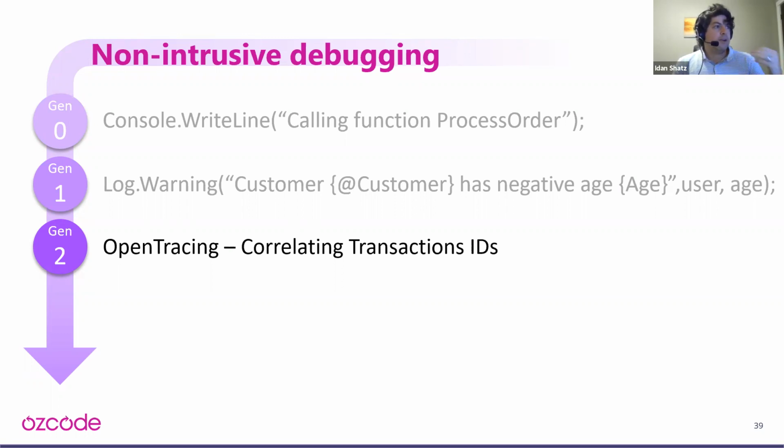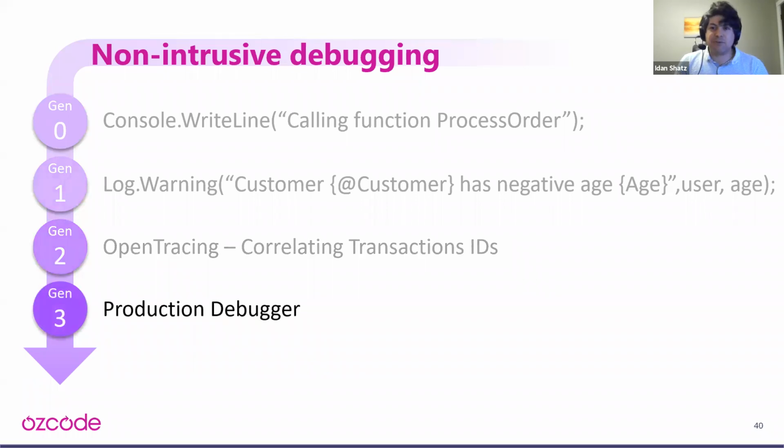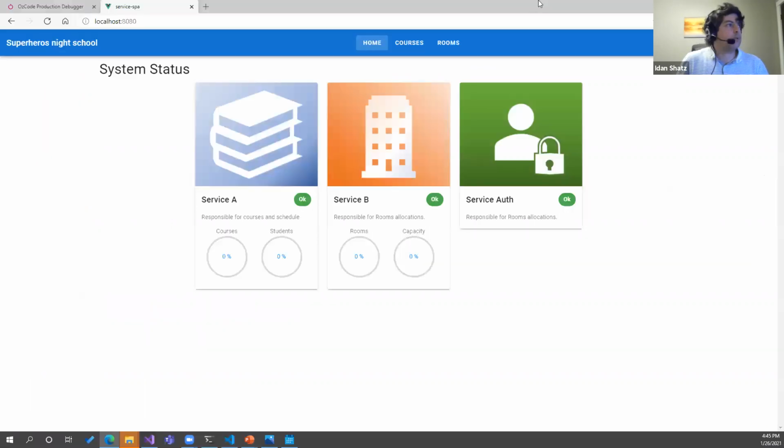What you usually see in those examples is that you're trying to solve a bug by adding a few more lines of logs, see if you can figure out the mystery, and if not, you will just add more and more and more until you have all the information that you need. And we believe it's time for Gen 3, and that is the production debugger. So with that, let's go and see what we can do with it.